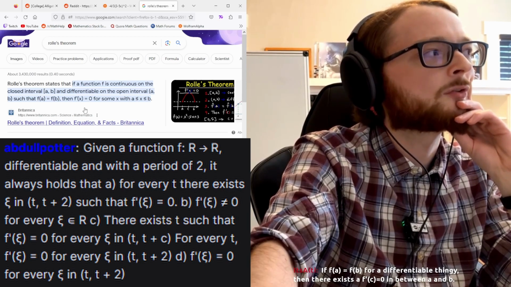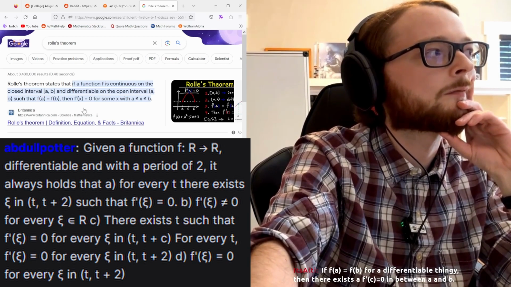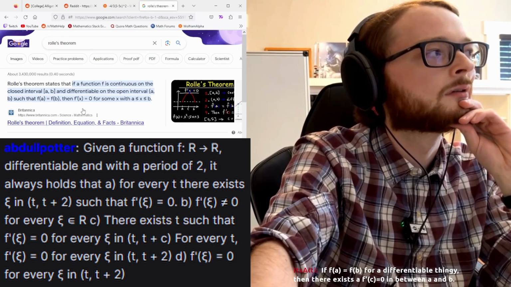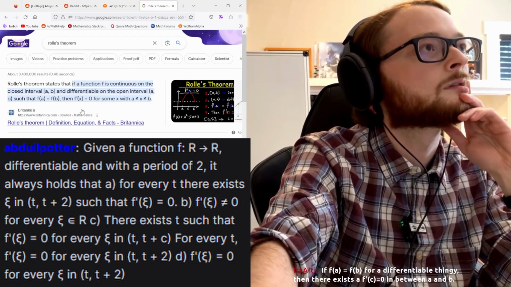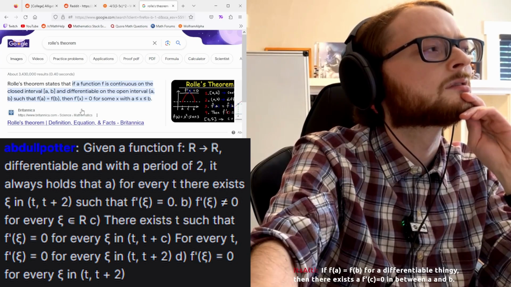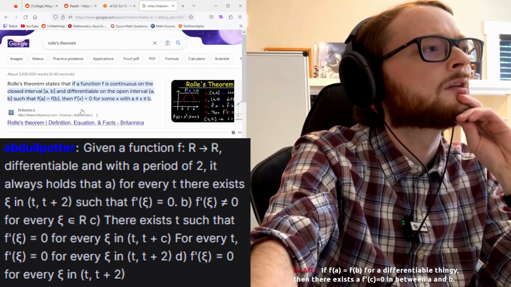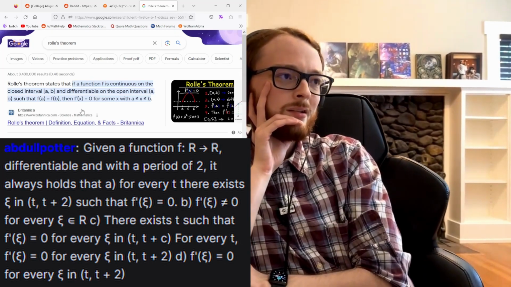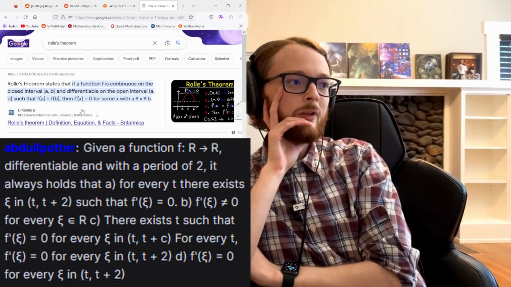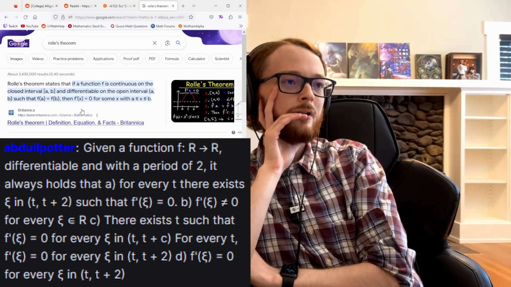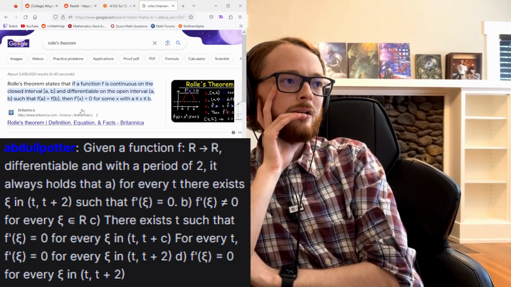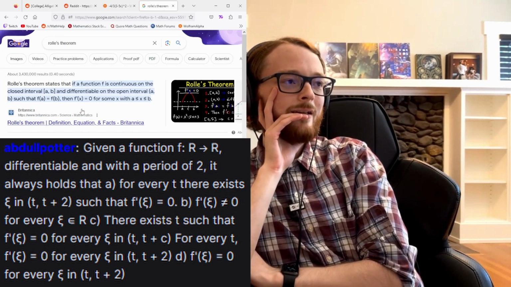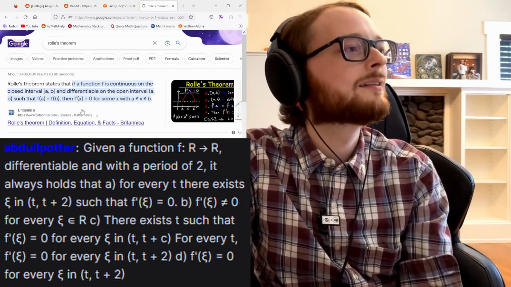And they say it's differentiable, so you don't have a piecewise periodic function. Well, you can have a piecewise function that's still differentiable, right? I don't know. I don't think you use that to break the rule, though.